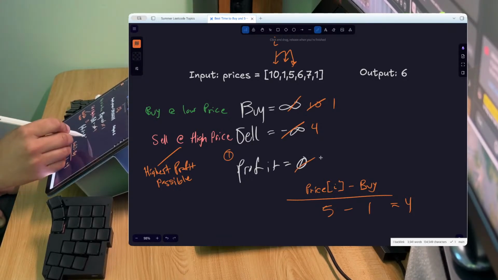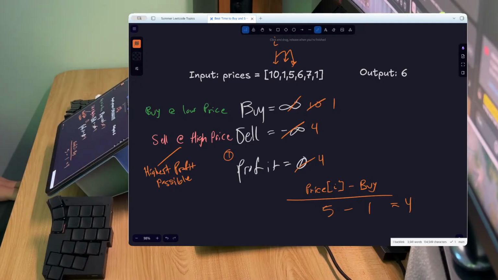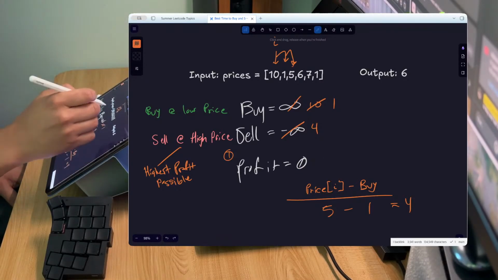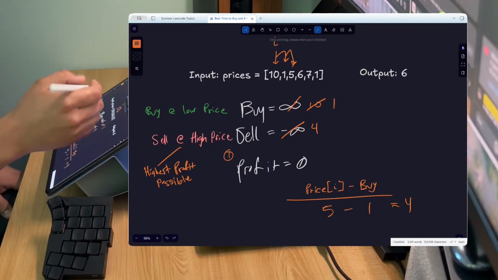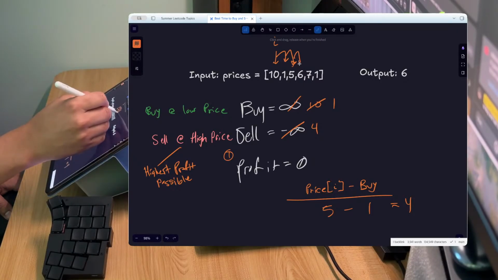Or maybe we can put it in profit. We'll see. We'll put it in sell for now. Okay. So we could continue down the array.